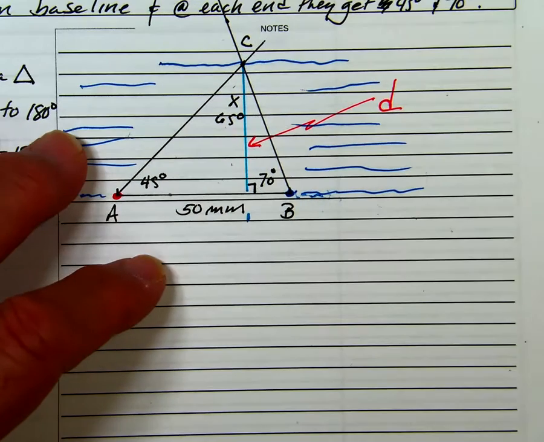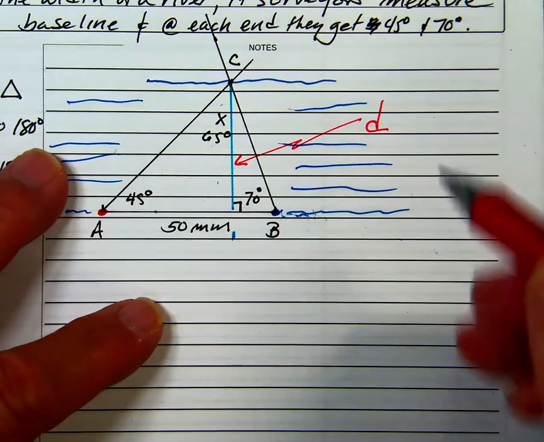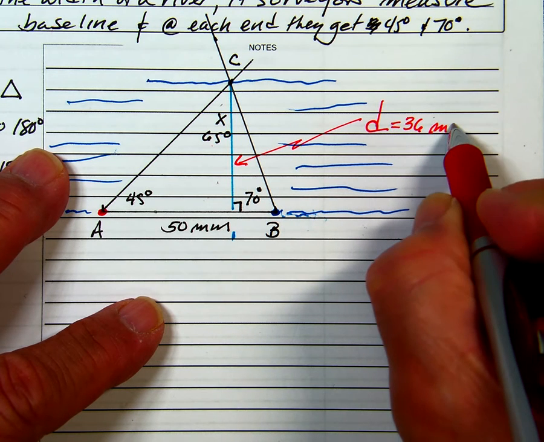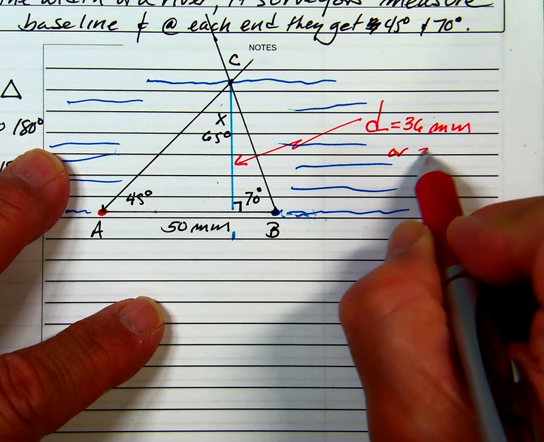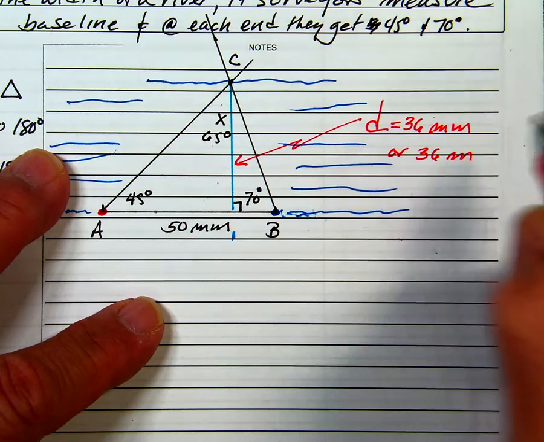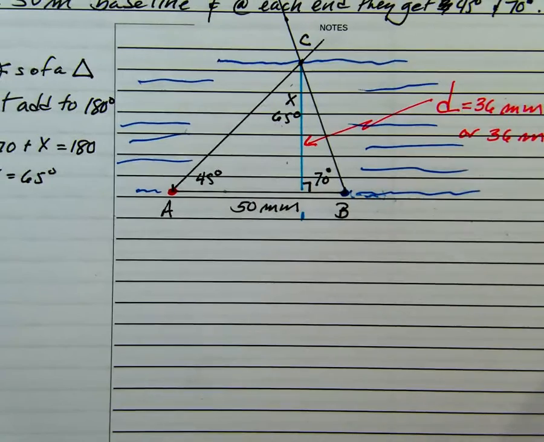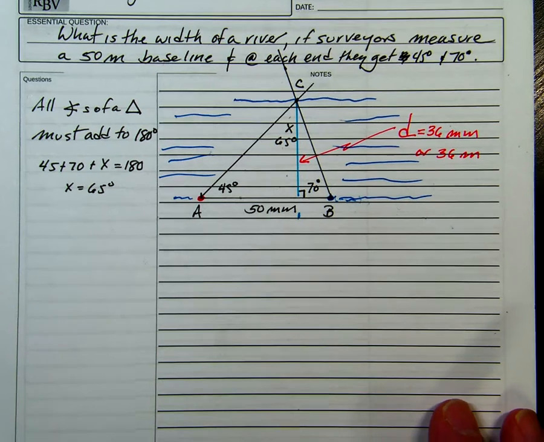D turns out to be about 36 millimeters, or 36 meters in the width of the river. Okay, I hope that helps to illustrate how to do this problem. It's pretty straightforward and easy.